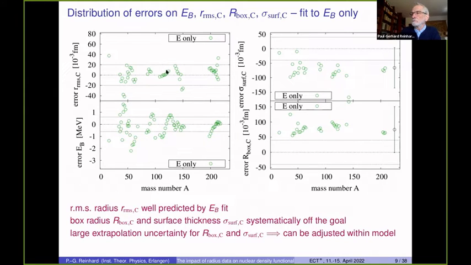We get, rather surprisingly, at once a very good description of charge radii by fitting only energies. Nice, but the form factor, which is here parameterized in terms of box radius and surface thickness, is awfully off the line. So here's the goal, the middle line is where we should go, and we are far off.